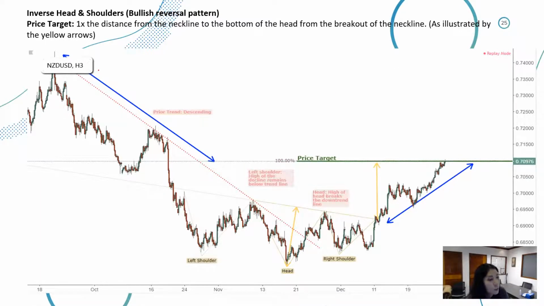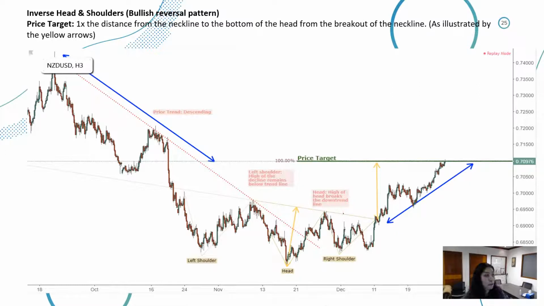So you can see that when the inverse head and shoulders occur, there's a prior descending trend line before it started to form the inverse head and shoulders. And the left shoulder is always the high of the decline that remains below the trend line. So you can see this is the left one, which is always the highest decline, followed by the head, and lastly the right shoulder.